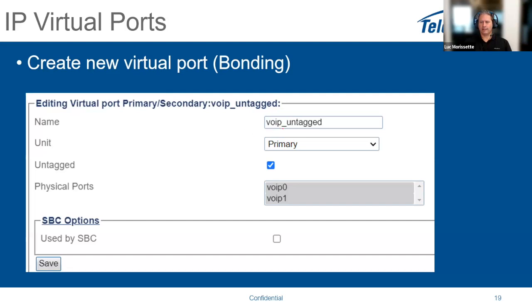So you give it a name here, you select untagged, or if you remove this, you will see you need to add a VLAN information. And then physical ports, you choose only VoIP 0, only VoIP 1, or then in this case, we chose both, and that creates a bonding between those two elements.